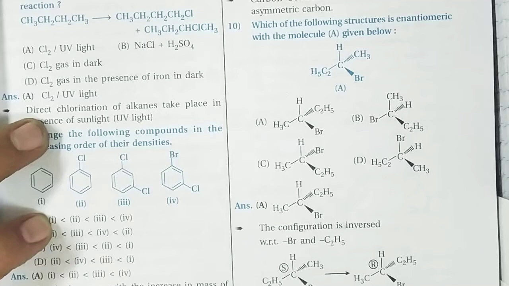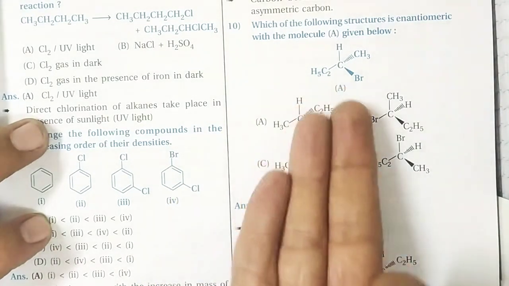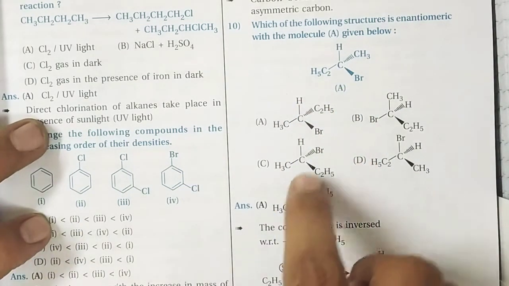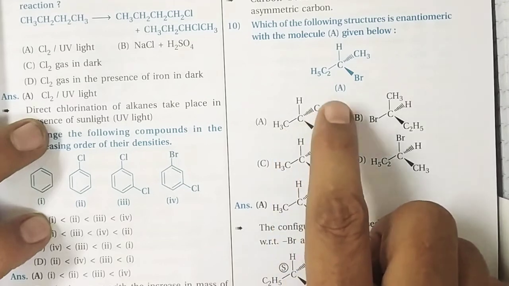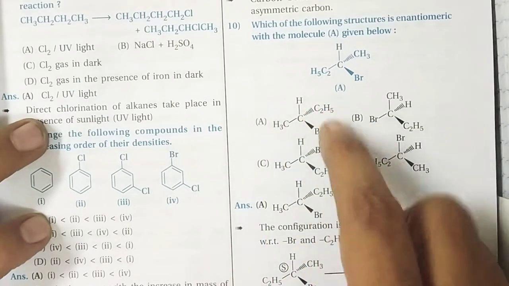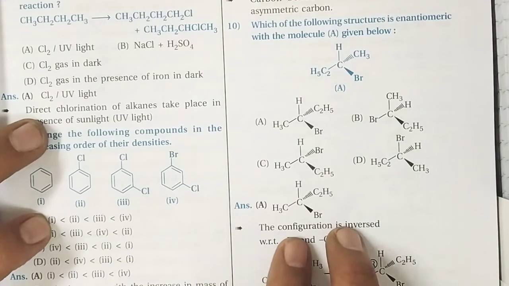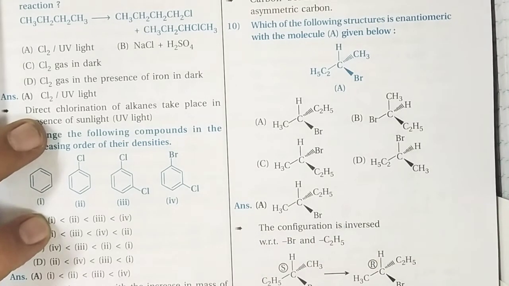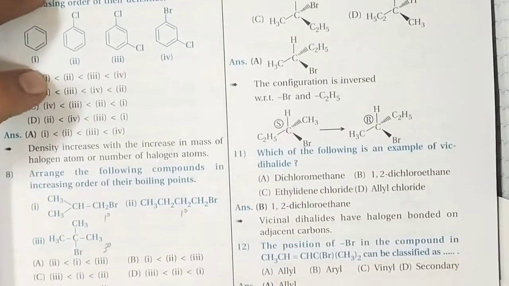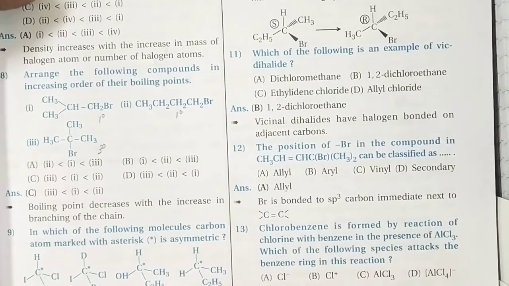So this compound is the enantiomer of the compound. So definitely it's the first structure, because here the configuration is CH3, C2H5 and CH2. Okay, fine. So it is inverse with reference to bromine and C2H5. Clear? Fine.